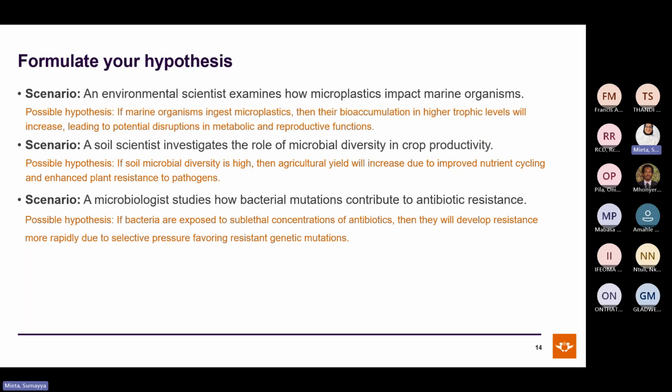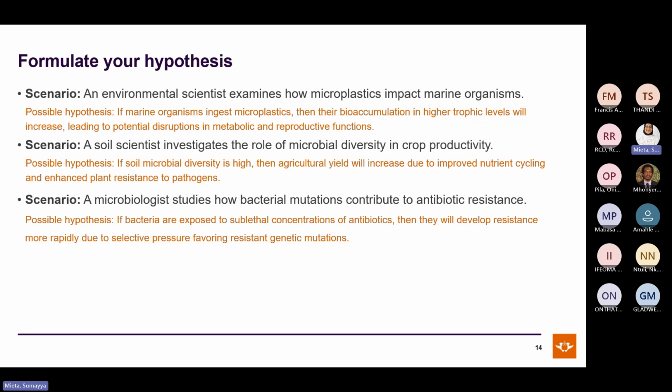Yes, that's correct. So remember, your hypothesis has to answer and have the characteristics that we discussed: it's observable and testable, because how are you going to test that the microbial diversity increases crop productivity? There's something that you have to use to be able to formulate those experiments.